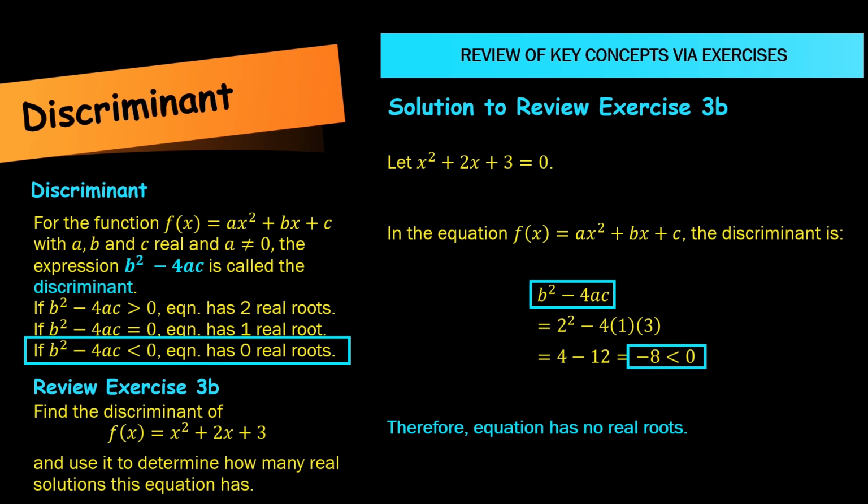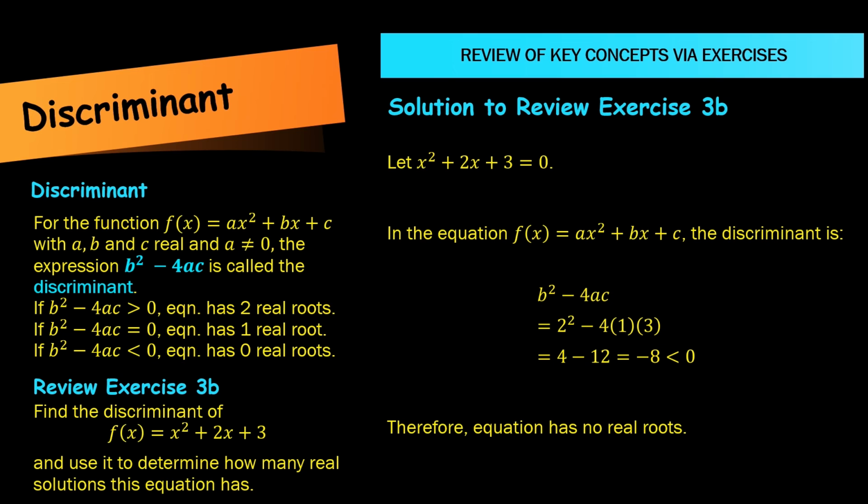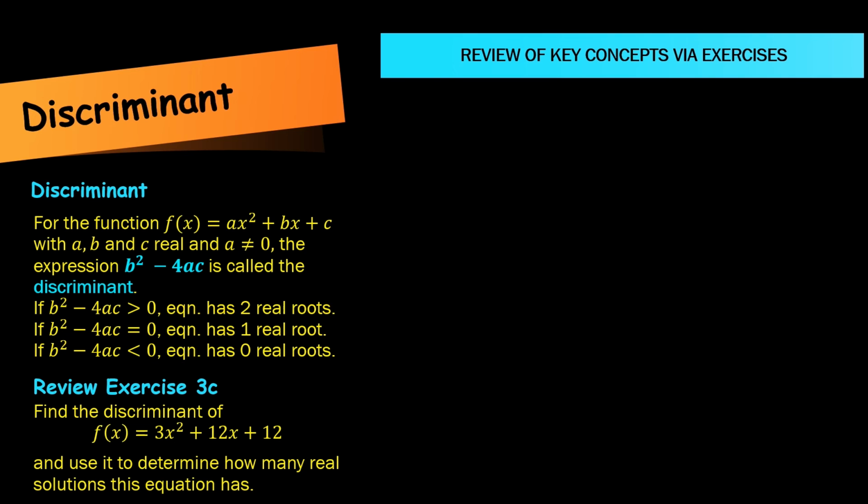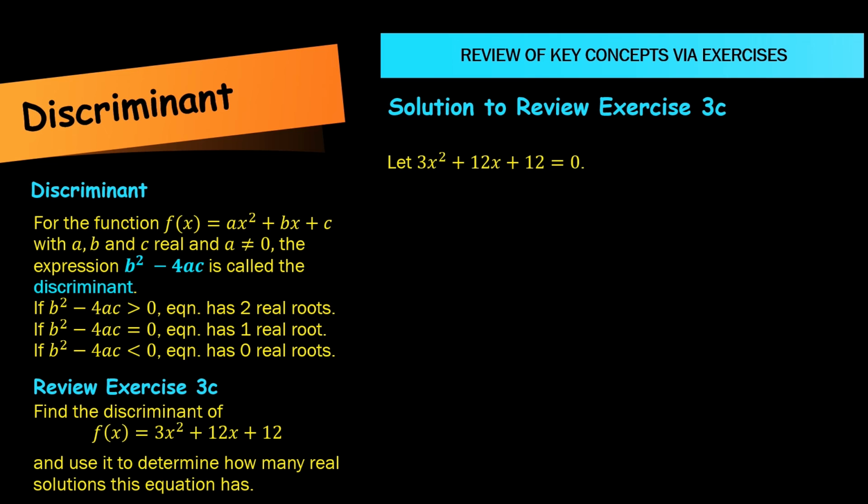We now cover the solution to exercise 3c. Find the discriminant of f of x equals 3x squared plus 12x plus 12 and use it to determine how many real solutions this equation has. So let 3x squared plus 12x plus 12 equals 0.